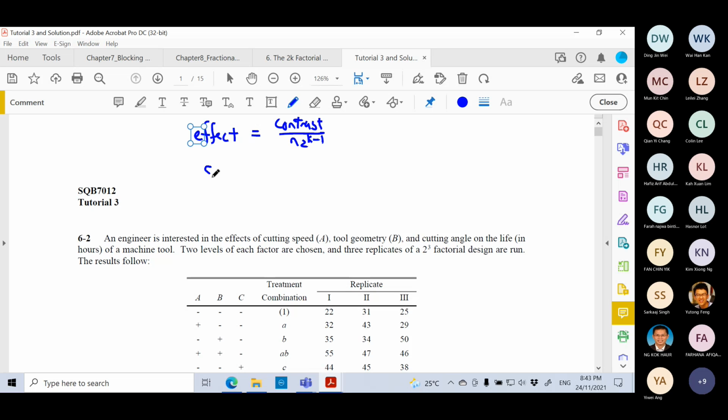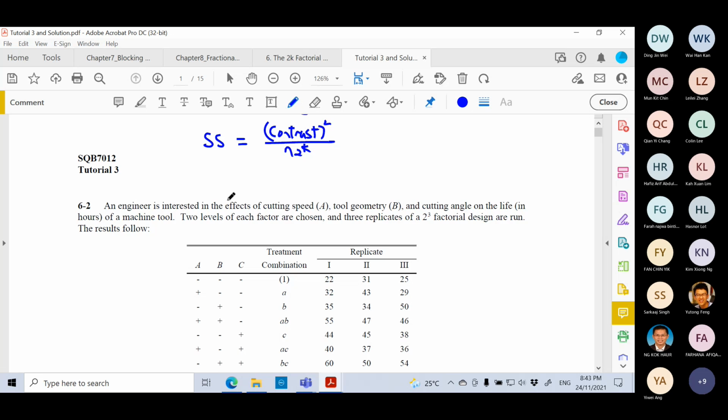And then also you need to be able to get the sum of squares, which will equal to the contrast squared divided by n times 2 power of k. So these are the things you need to know only. After that, of course, you need to calculate the confidence interval for the effect to check whether significant or not significant. You can use this, or you can form the ANOVA table to do that.